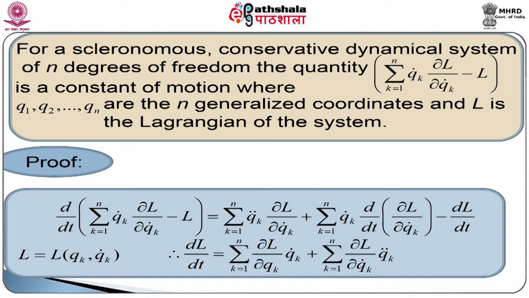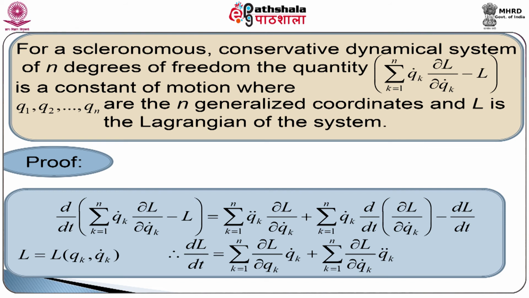Here we have used the chain rule of differentiation. Since L depends on qk and qk dot, and qk depends on time t, we get this result. Qk is the generalized coordinate, qk dot is d/dt of qk, which is the generalized velocity.